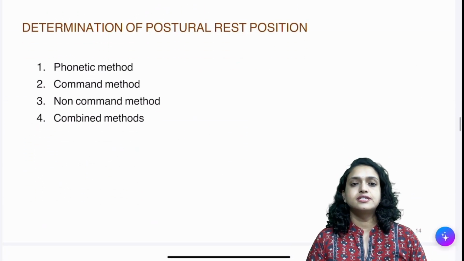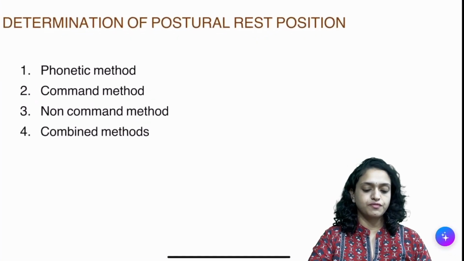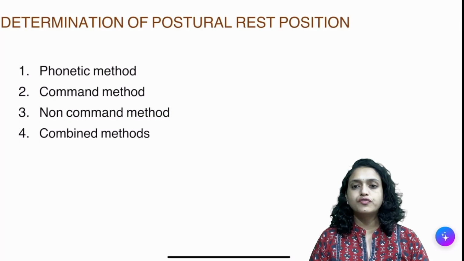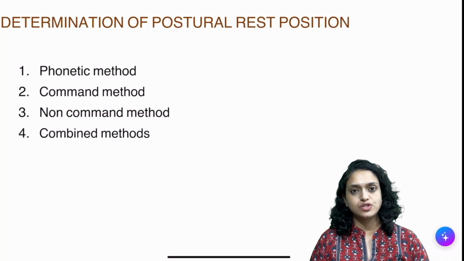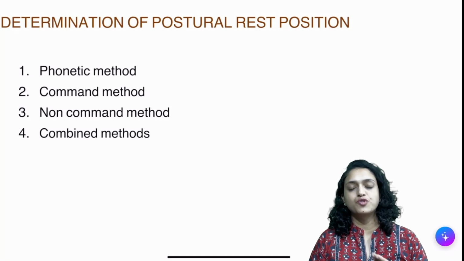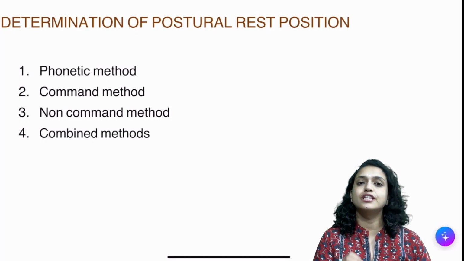This is a very familiar topic, I guess, for all of you, because you assess the postural rest position in your prosthodontic management also. For assessment of the postural vertical dimension, we generally assess the postural rest position.